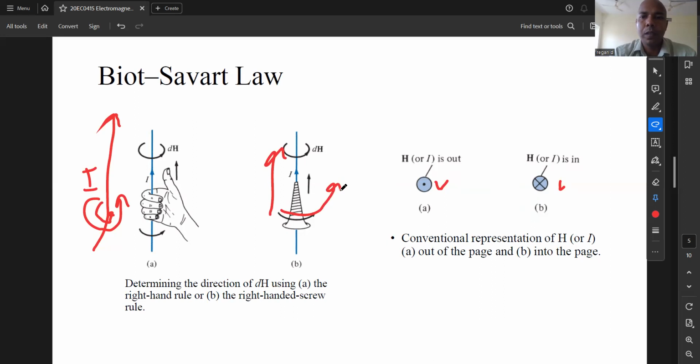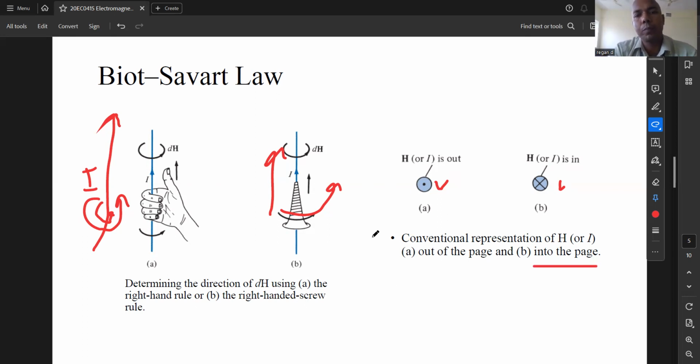That means the magnetic field is going into the page. Now you are seeing the screen. The current direction is through this, and the magnetic field is through this. That is, I say here, into the page. That means if you read the textbook, the magnetic field is going into the textbook.